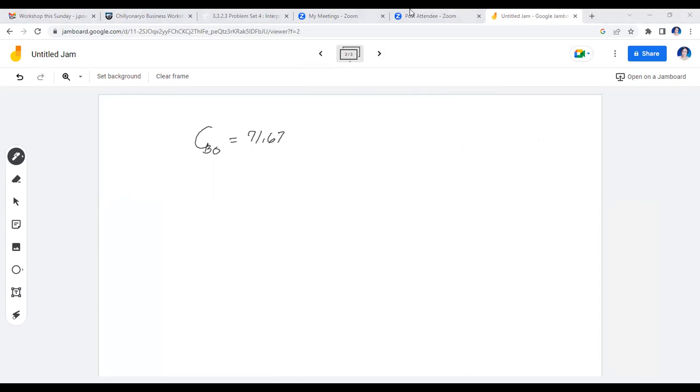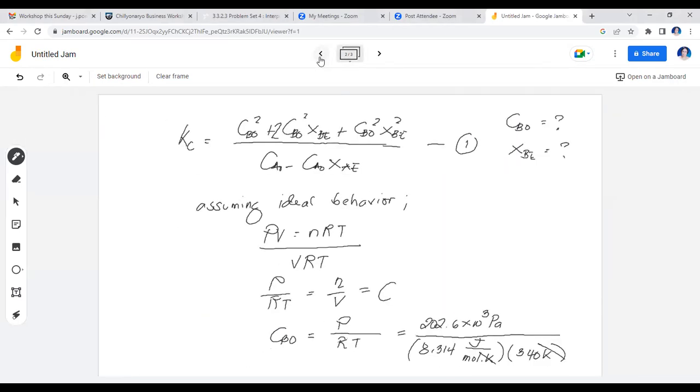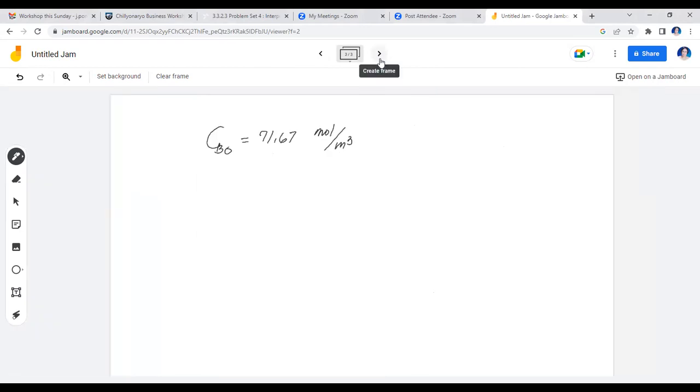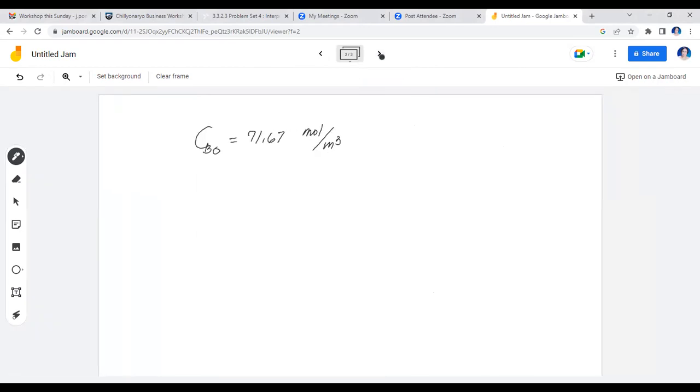Okay, so Nika wrote 71.6722 mole per cubic meter. So that's correct. So this is mole per cubic meter. Now our equilibrium constant has the set of units mole per decimeter cubed. So there's a need for us to convert our cubic meter here to decimeter. That way we'll have dimensional homogeneity in the values that we are using.